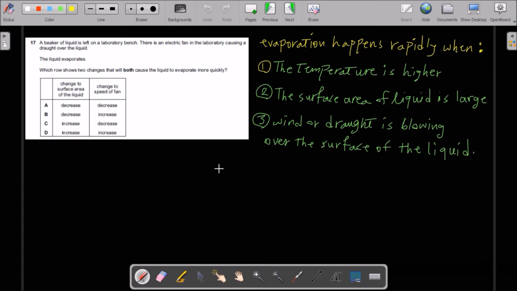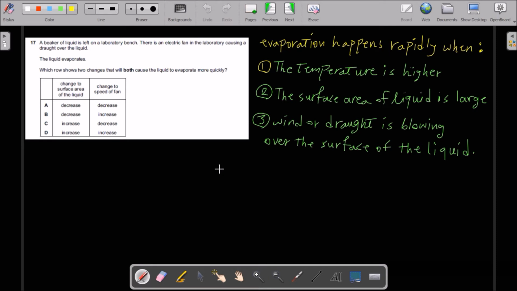Question 17. A beaker of liquid is left on a laboratory bench. There is an electric fan in the laboratory causing a draught over the liquid. The liquid evaporates. Which option shows two changes that will both cause the liquid to evaporate more quickly?